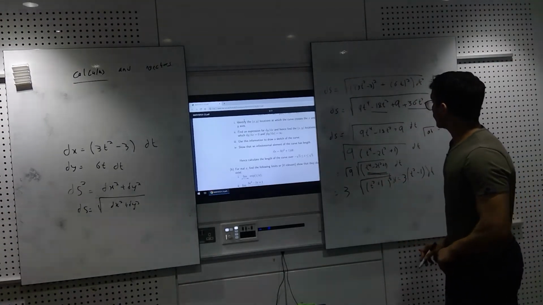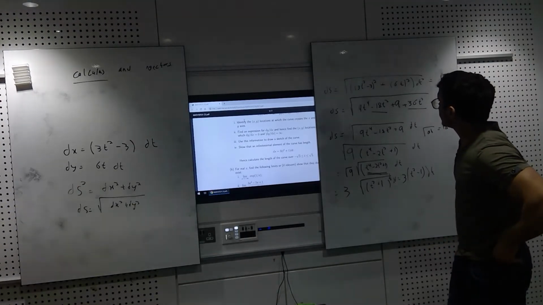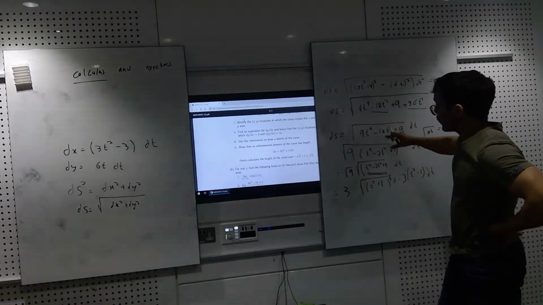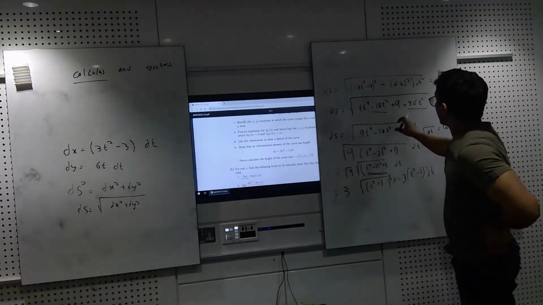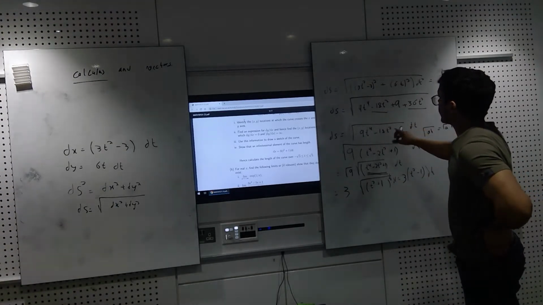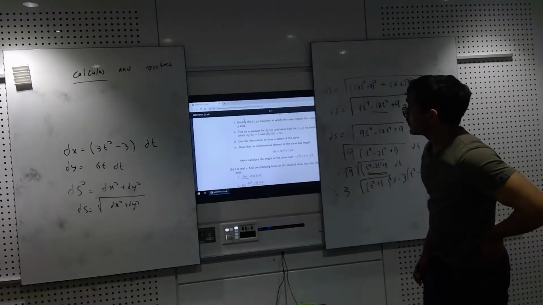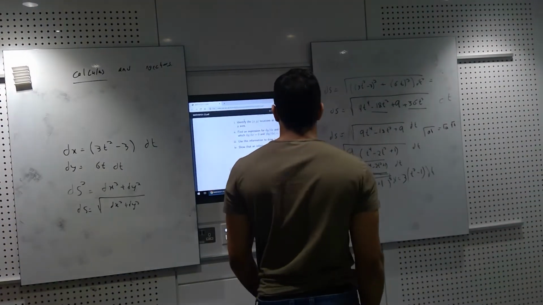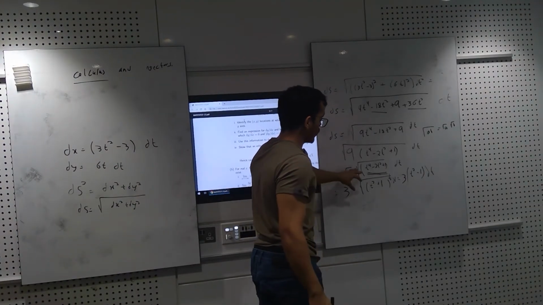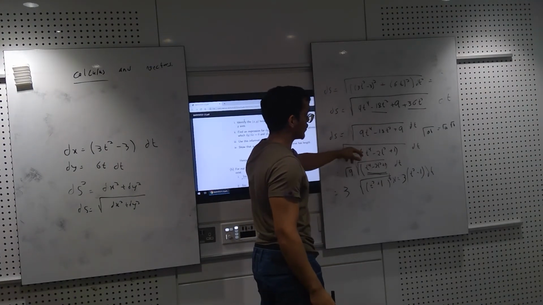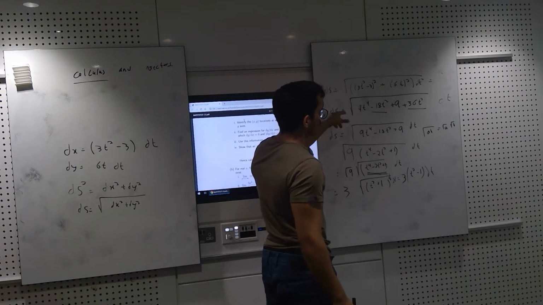So I'm missing a negative sign somewhere here. So in one of them I forgot a negative sign. So which one is the negative sign? It's probably not this one, because this one is 2. So in one of them I forgot one.